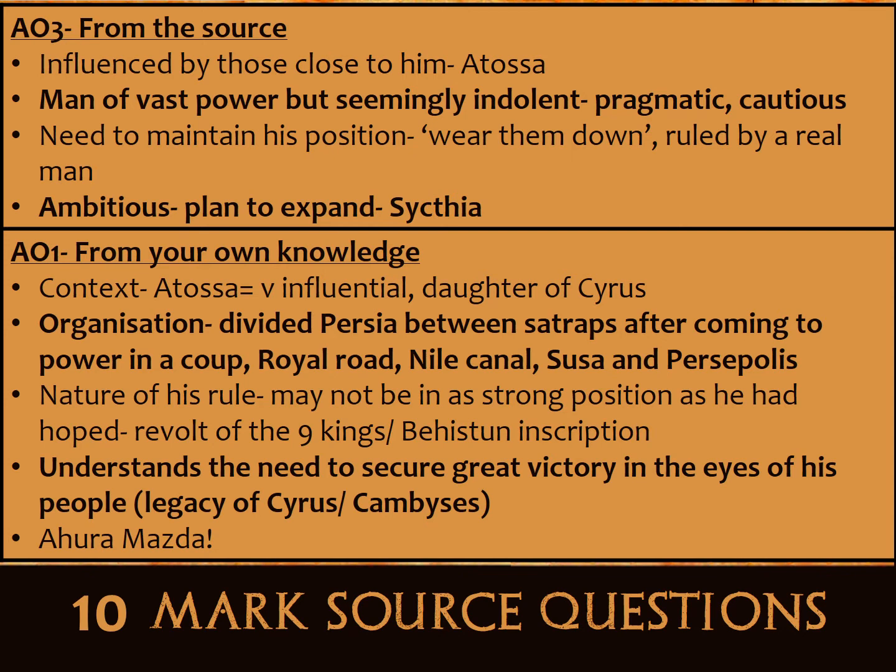And finally, if you are finding yourself with a bit of extra time to stick in, or you've not got one of the other points, or you just want to include it because it's useful. One thing that's interesting with Darius is that he seems to be the first Persian king, and this is quite key to the nature of his rule, who nails his colours to a kind of state religion.